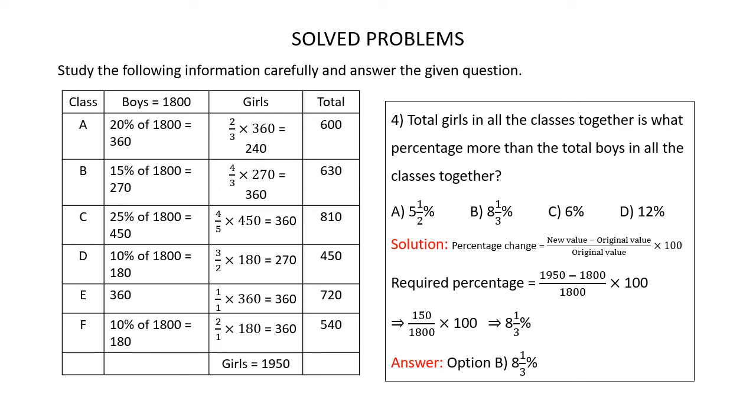So the required percentage is equal to 1950 minus 1800 divided by 1800 multiplied by 100. On solving this, we get 8 and 1/3%. So total girls in all the classes together is 8 and 1/3% more than the total boys in all the classes together. So the correct answer is option B, 8 and 1/3%.